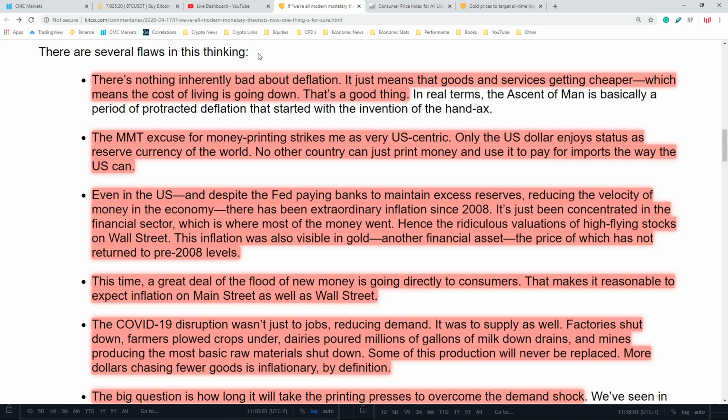Now also, what is causing deflation is the advancement of technology. I recently listened to a podcast, I don't exactly know who it was, but the individual was talking about how the advancement of technology is inherently deflationary. And we can see they have this example as well. The deflation was started basically by the invention of the hand axe.